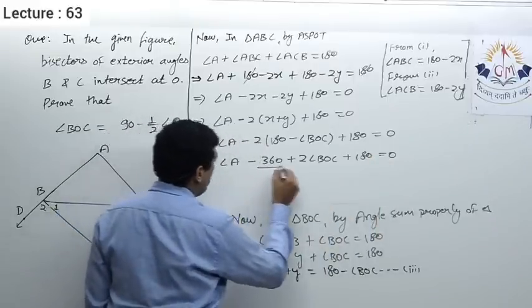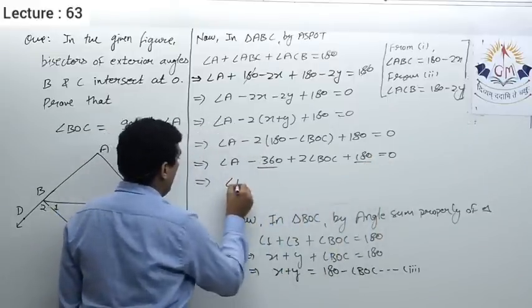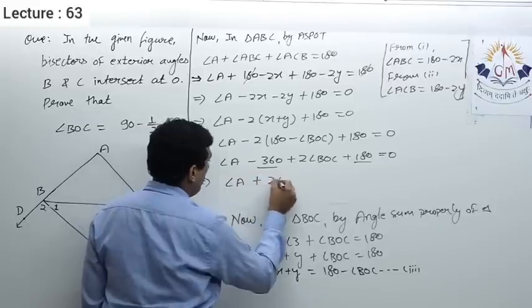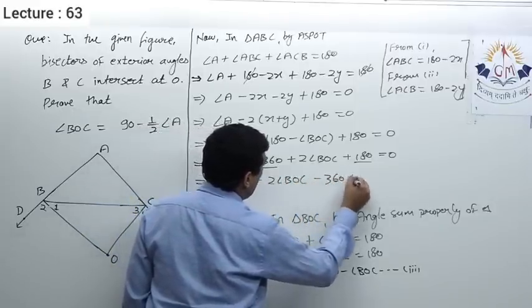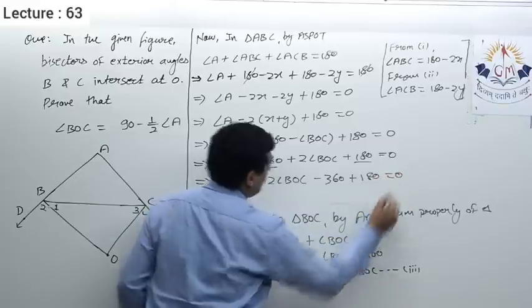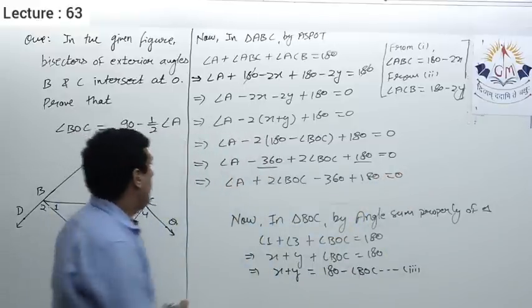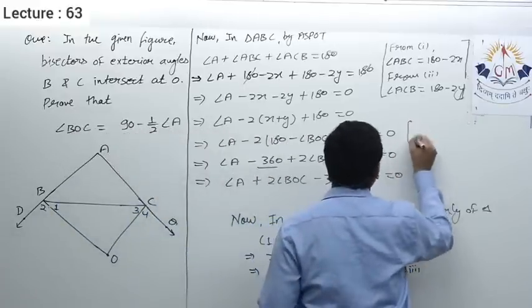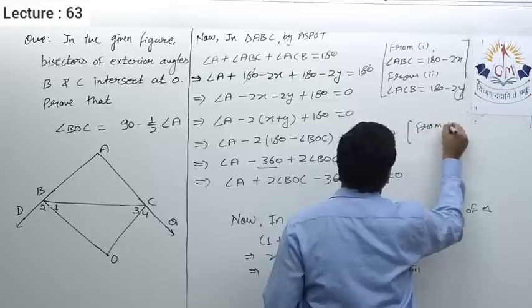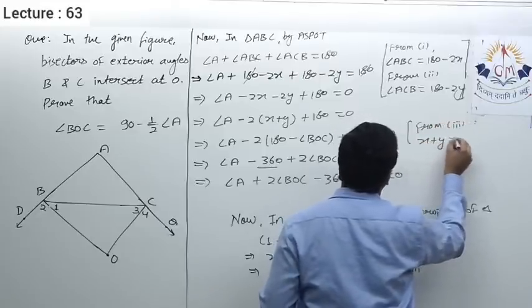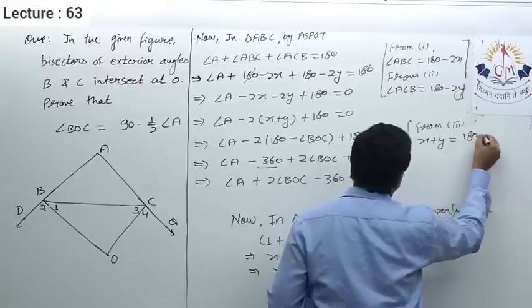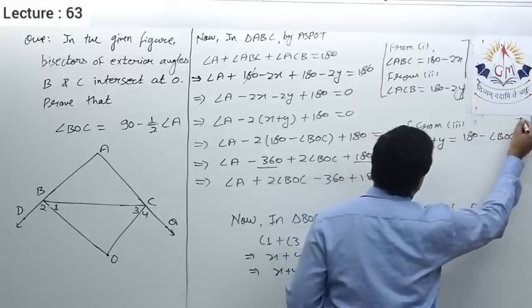Therefore, this gives you angle A plus twice of angle BOC minus 360 plus 180 is equal to 0. Okay, here again you have to write one thing. From third, what you wrote, x plus y equal to 180 minus angle BOC.